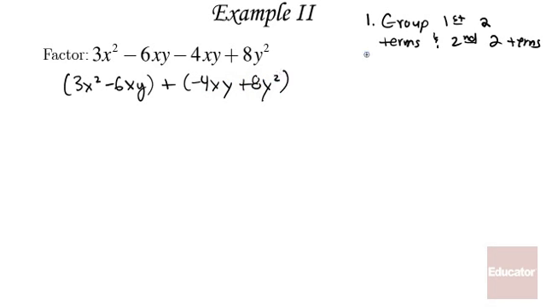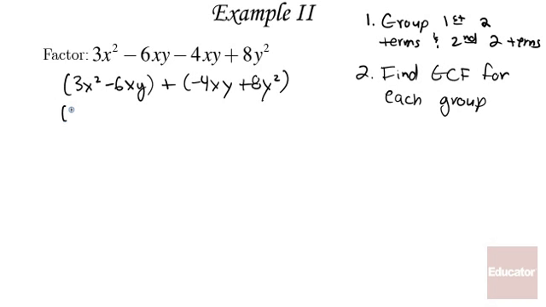After I have grouped these, I'm going to find the greatest common factor for each group. Okay, for my first group, let's find the greatest common factor. I have a 3 and a 6, so I can pull out a 3. That would be my greatest common factor for this first group.